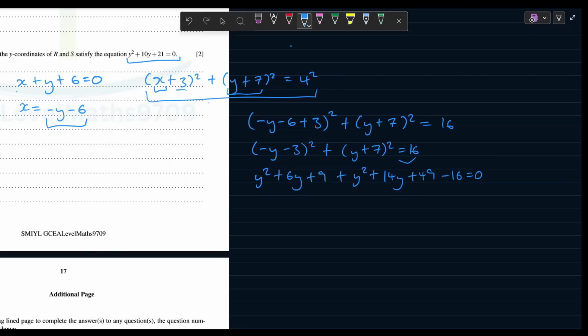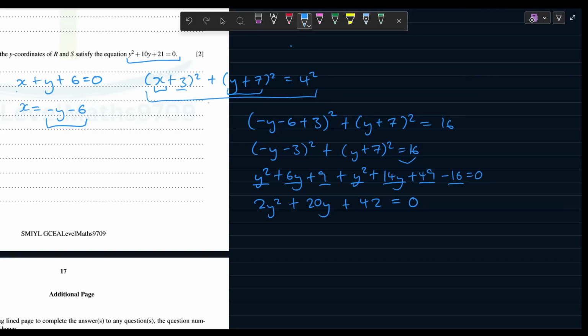And so now we want to group like terms. Y squared plus y squared, 2y squared, 6y plus 14y, 20y, 9 plus 49, that gives us 58, minus 16, that gives us 42. Okay, and this is equal to 0.